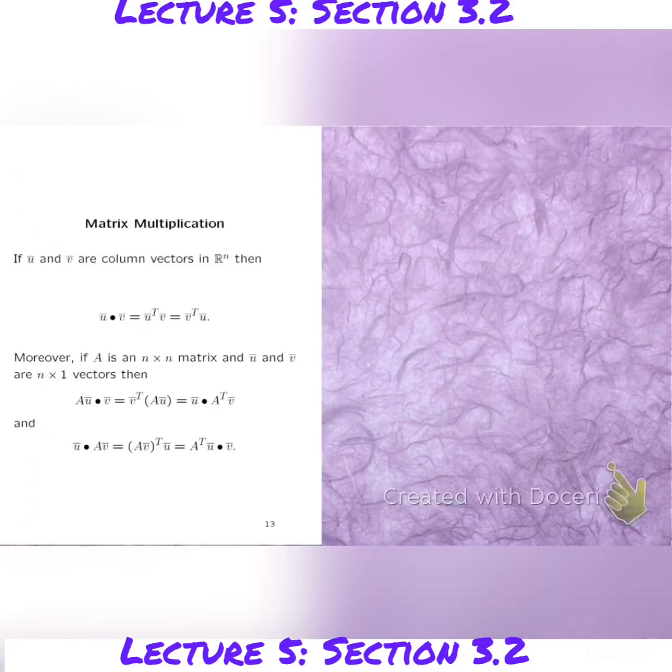Okay, let's look at the derivation of the first identity. So we're mixing matrix multiplication with the dot product now. If you look at this dot product, this is an n by n matrix multiplied by an n by 1 matrix.